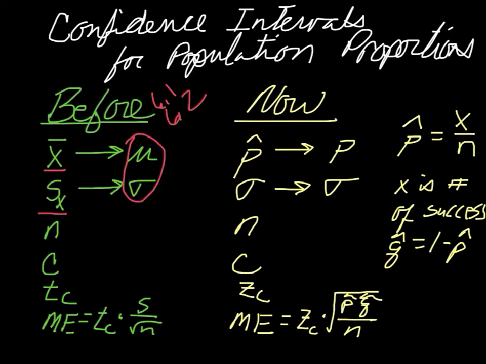We've used them as point estimates of the population mean and standard deviation. And then we've used the sample size and the confidence level to find a critical value and a margin of error. And then from that margin of error, we add and subtract it to the sample mean, and that gives us a confidence interval.